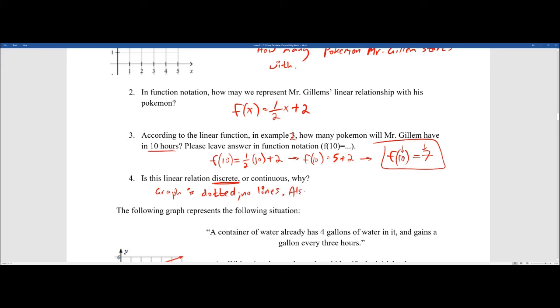Also, in context, you can't have 1.3 of a Pokemon. Natural numbers only, right?